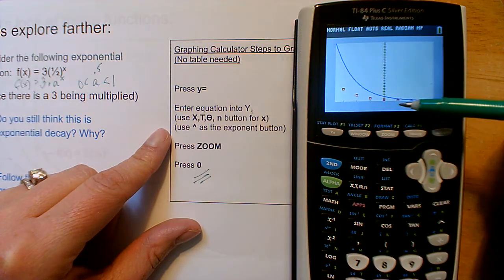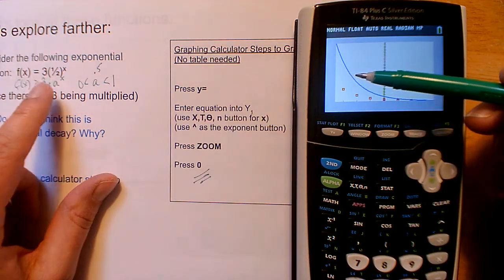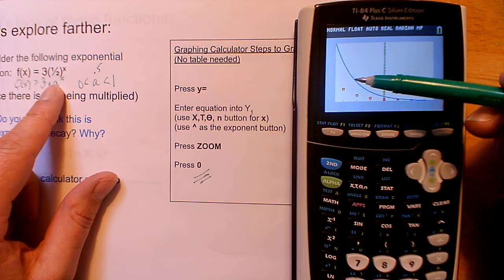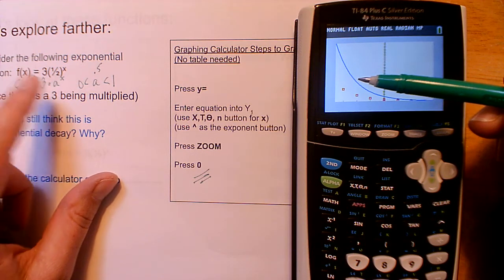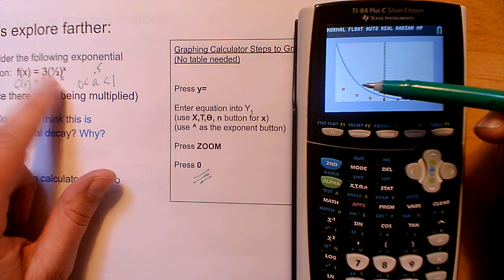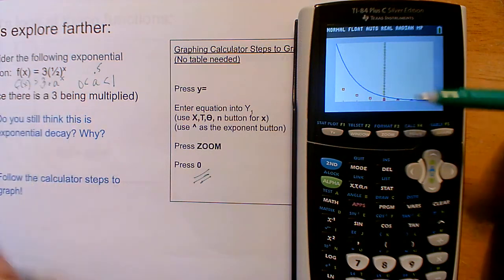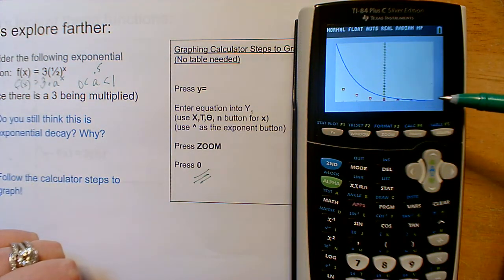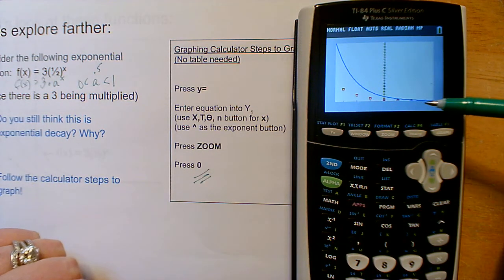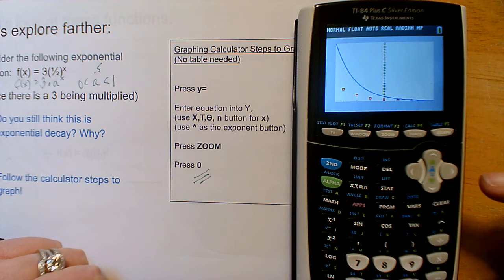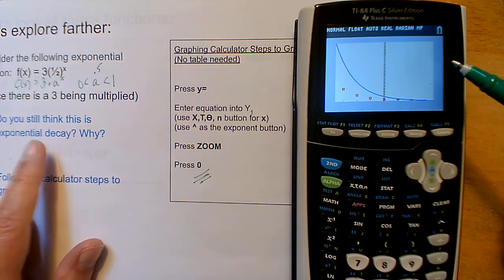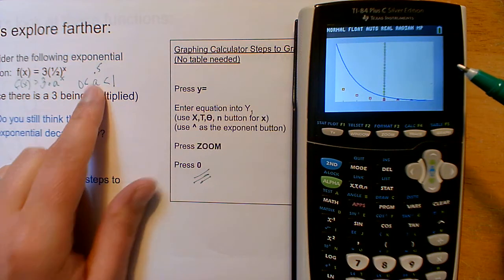We're actually going to come back to see what happens when we go from f of x equals 1/2 to the x, to 3 times 1/2 raised to the x. But we're just looking at this blue curve. It is decreasing, and we are able to see that it is decay. We confirmed it here.